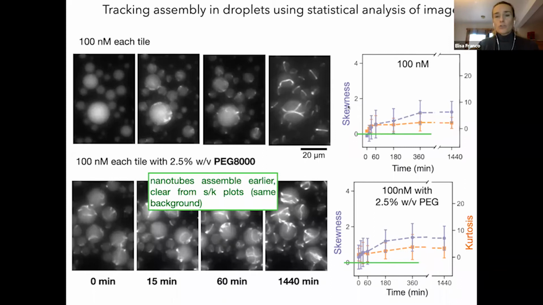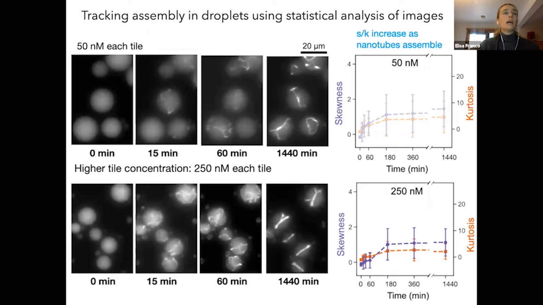Now, there's a problem with this method, however, that we found out. If you actually start from different backgrounds, then it's difficult to compare the results. So here is an example where we have, in one case, a low concentration of tiles, and in the other case, a high concentration of tiles. At the bottom, you can see the nanotubes start forming sooner, but that is not really reflected in the plot.